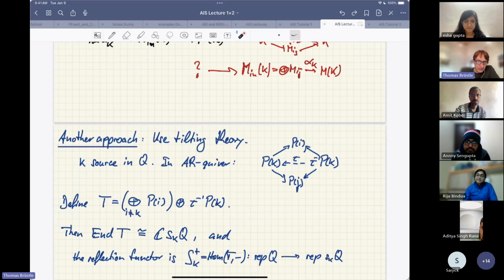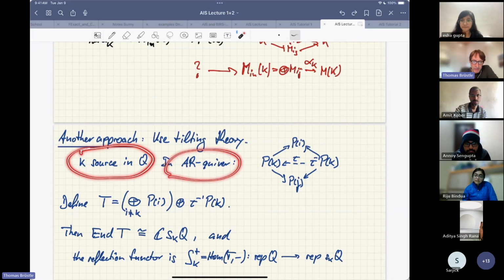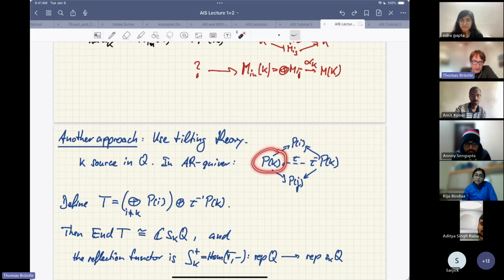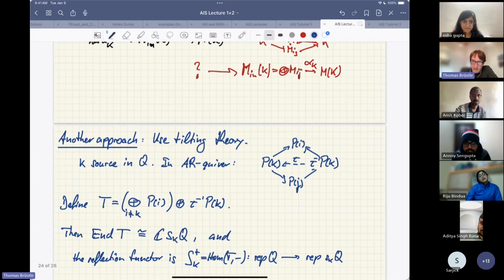So if we have a source in the quiver Q, then in the Auslander-Reiten quiver we would see that the projective at K would be mapping into some other projectives, and those themselves are predecessors of the tau shift of that projective, and tilting would be the following.